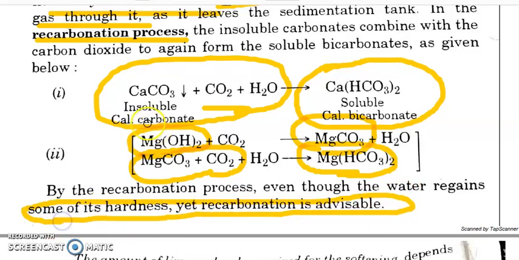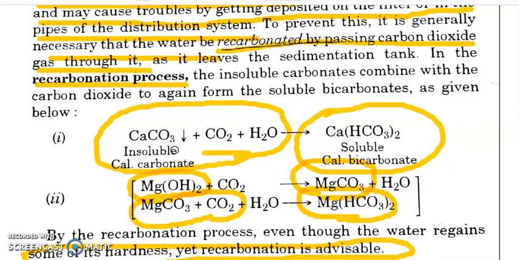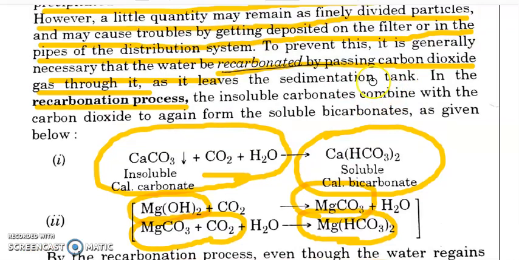the amount of calcium carbonate, magnesium carbonate and magnesium hydroxide remaining in the water after softening is very little when it comes out of the sedimentation tank, because most of the precipitates are removed in the sedimentation tank. Whatever little is left, as you can see here, remains as finely divided particles.